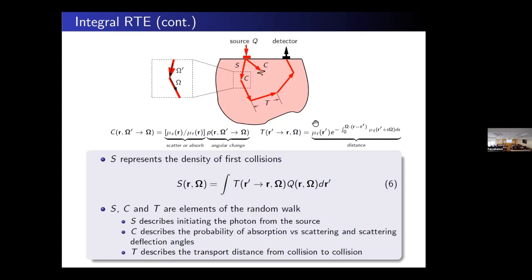But if it didn't, then it scatters, and then P is invoked to determine the change from omega prime to omega here, and then T comes in to tell you how long I'm going from here to here. So that's how the random walk rolls. We run them until they exit phase space, which, if we're dealing with skin, is often just out the surface. And so, with the detector here, hopefully we catch some of the photons exiting.